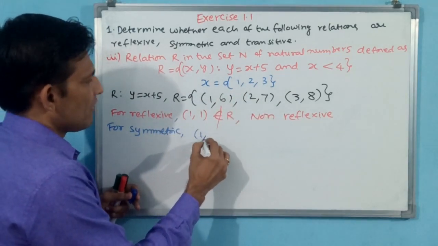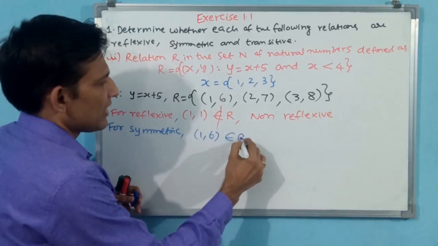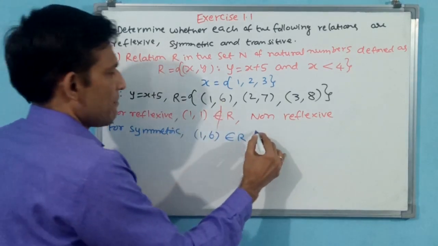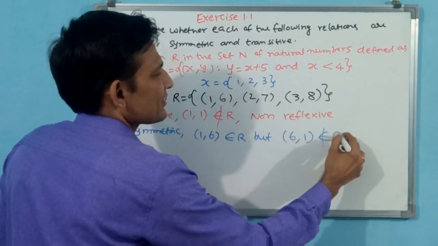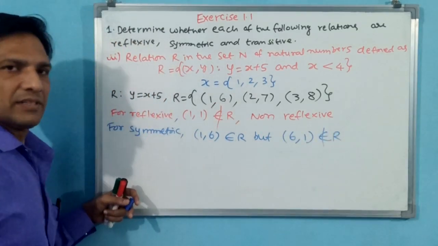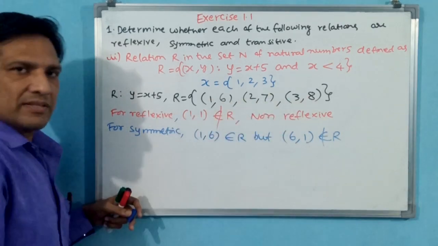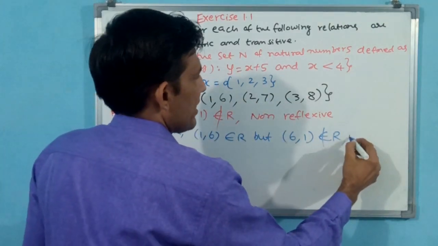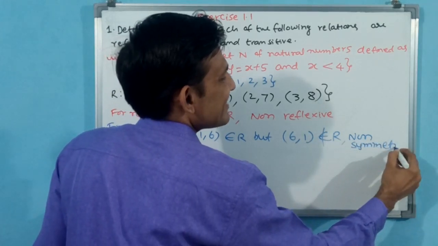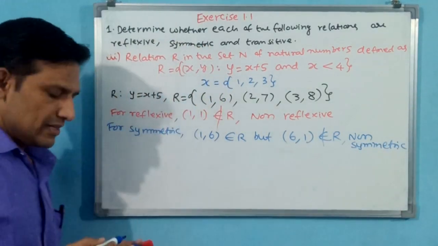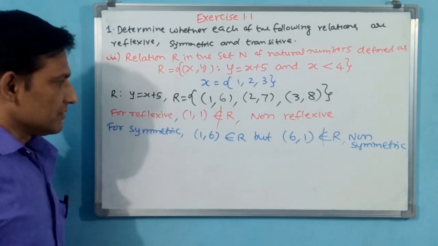You see, 1, 6 belongs to R. Why? Because 1, 6 is there. But 6, 1 does not belong to R. Understand? 6 comma 1 is not there. Non-symmetric. You understand? Okay.